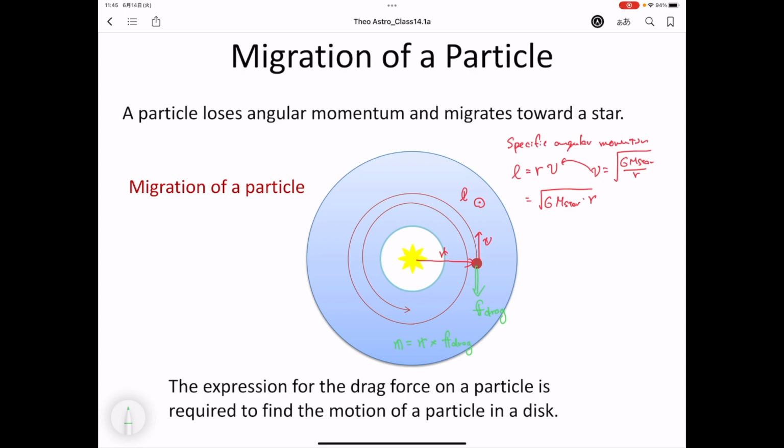This torque is acting in the opposite direction with respect to the angular momentum. dL/dt is equal to the torque N. Then L is decreasing due to the drag force because the torque has the opposite direction with respect to the angular momentum. And this leads to the migration of particles. Then to find out the migration speed, we need an expression for the drag force on the particles.